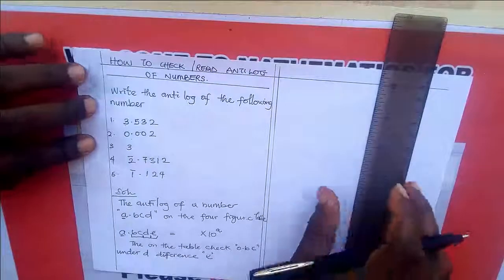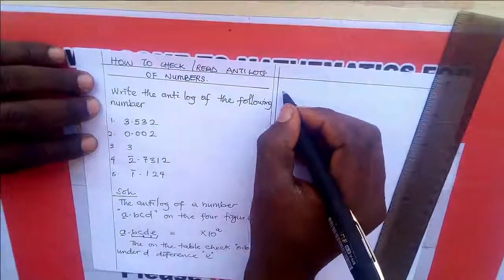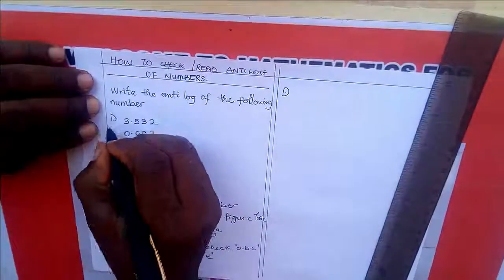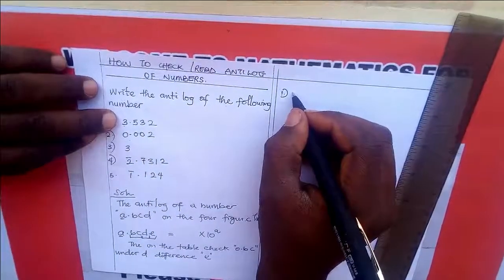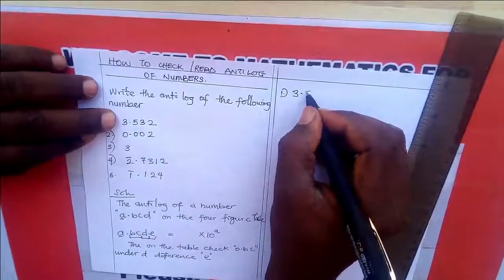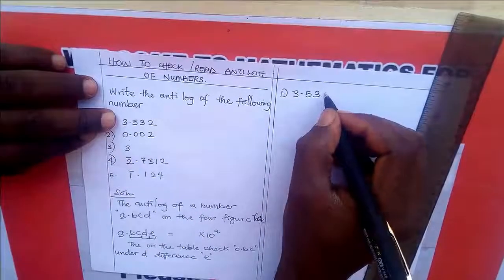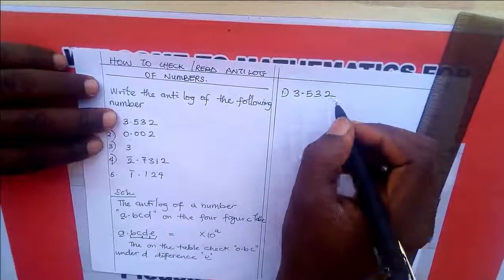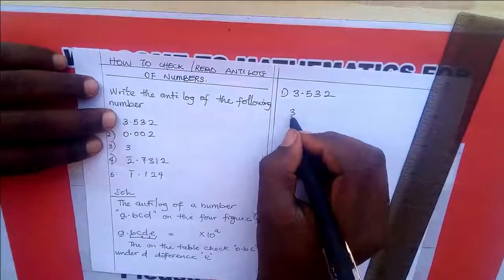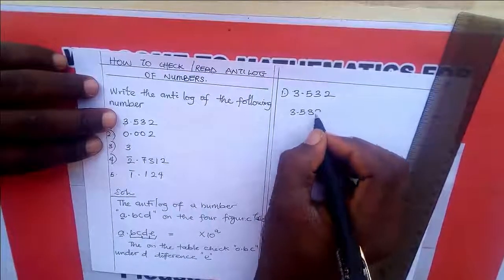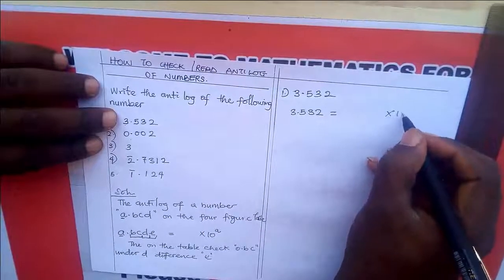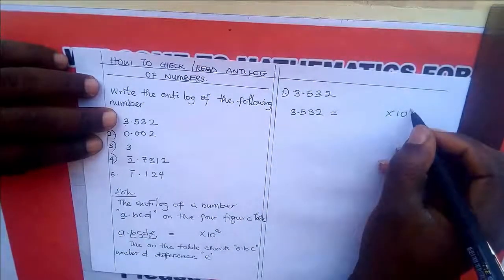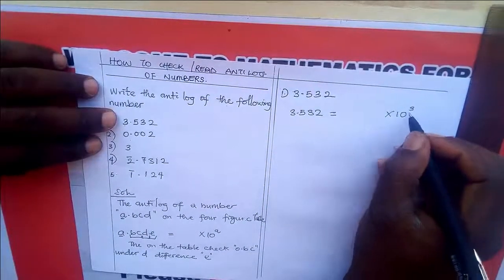So example 1, I have 3.532. How do I check it? To check it, the first thing you write is to convert the characteristic to 10 raised to the power of 3.